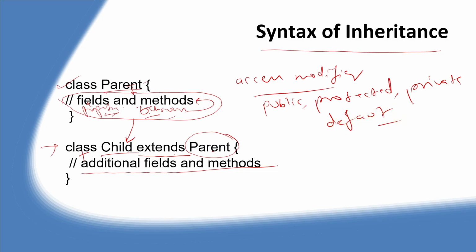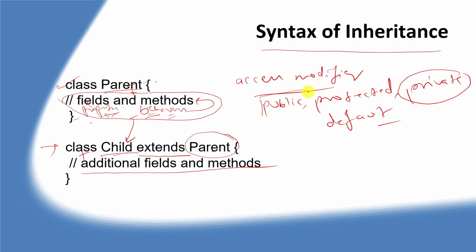The access modifier we use before properties and behaviors will tell whether the child can access them or not. If it is private, it is accessible only within the class, so the child class cannot access properties and behaviors defined as private.